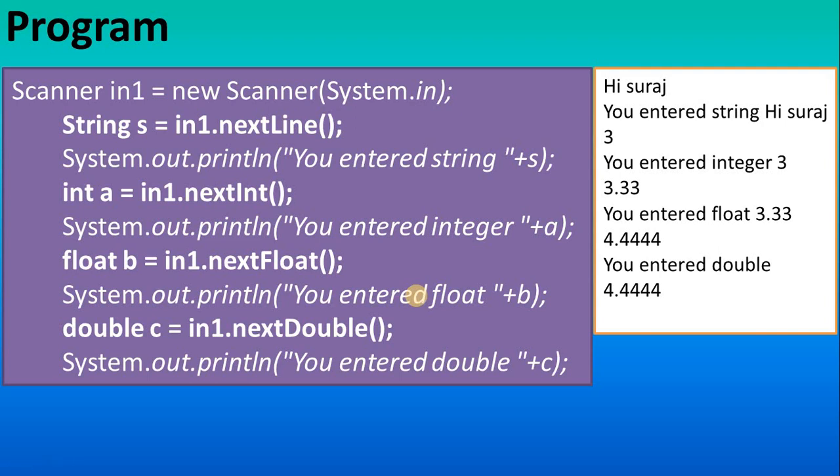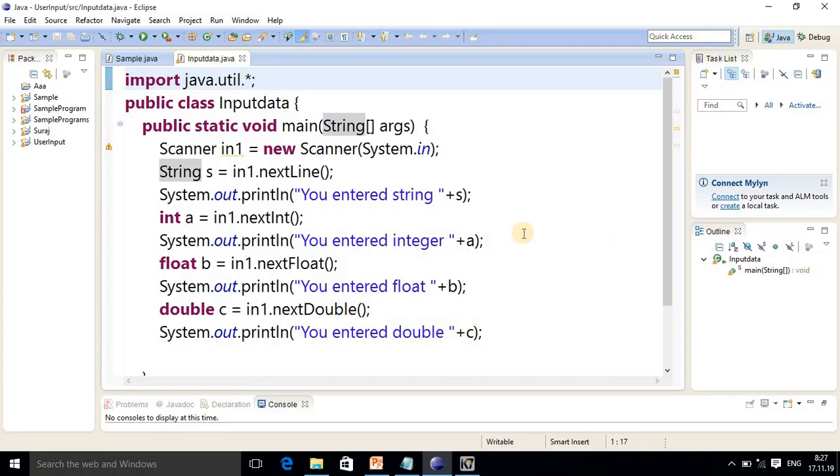Now we will move to Eclipse and do the program, and there we will check the output also. Here I am in Eclipse, friends, and first I have added the utility package. Why? Because the scanner class is present in the utility package. Once you write *, all the classes will be available in your program.